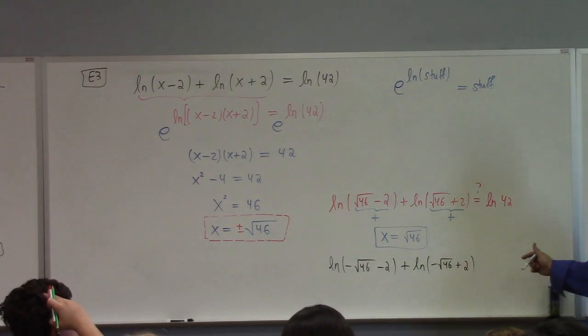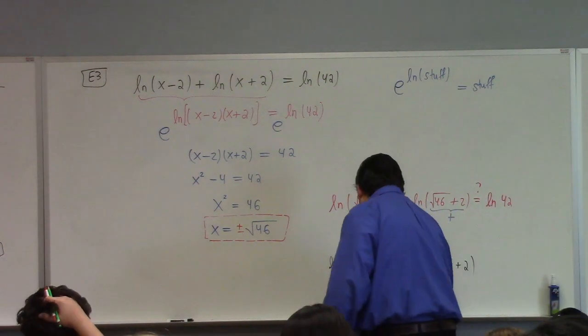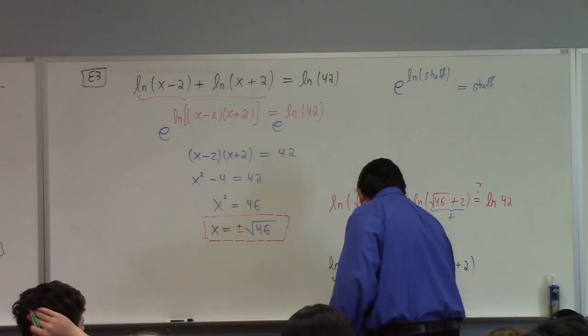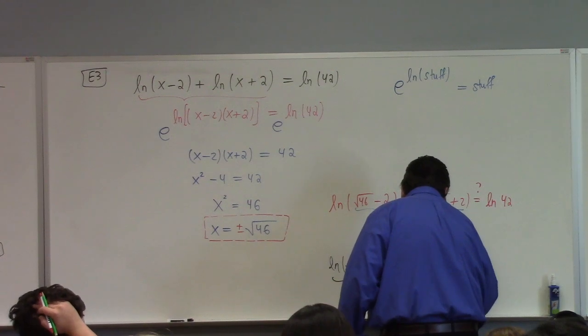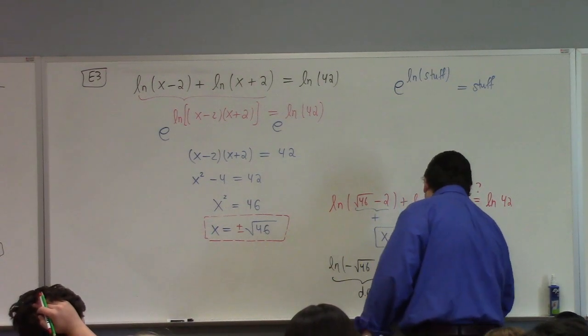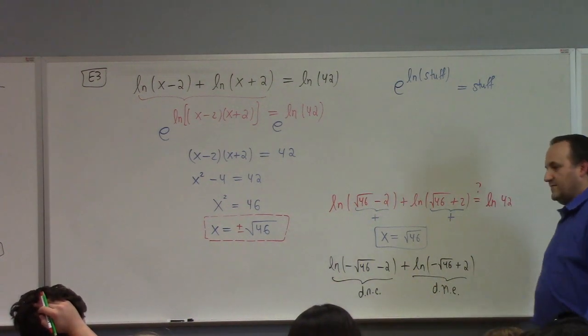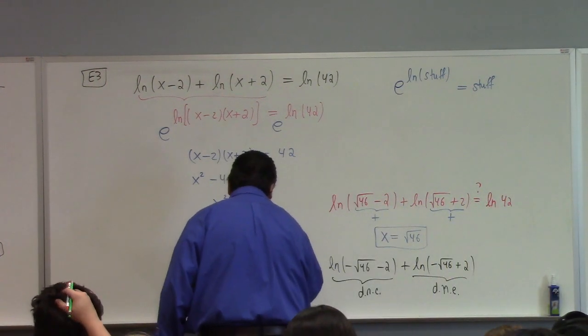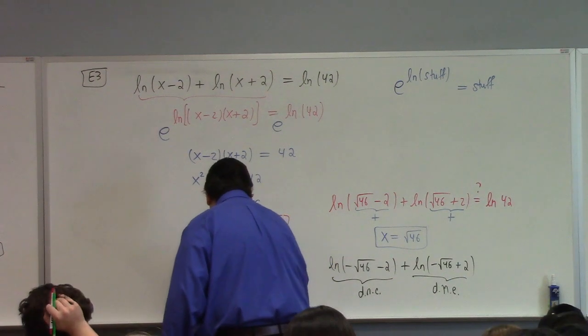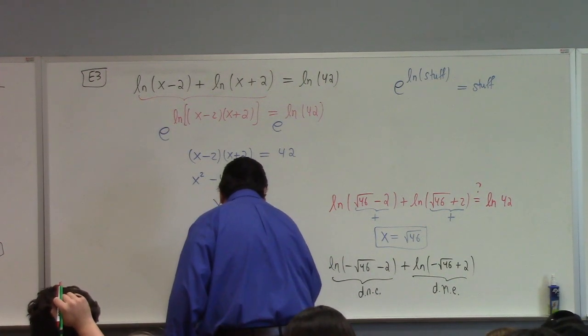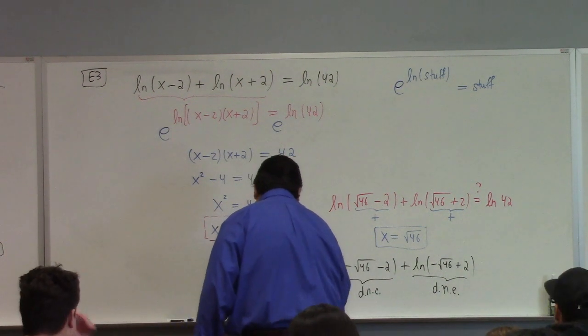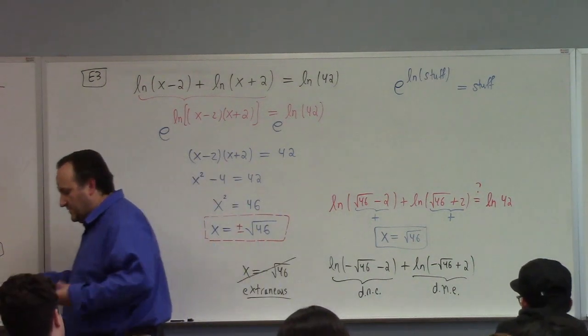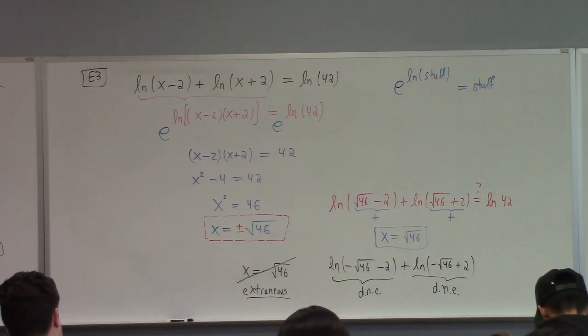These do not exist, as real numbers, at least. It says domain error. That's right. So in other words, x equals minus the square root of 46 is an extraneous solution. It's extraneous. It doesn't count. It's not in the solution set. But the square root of 46 is.